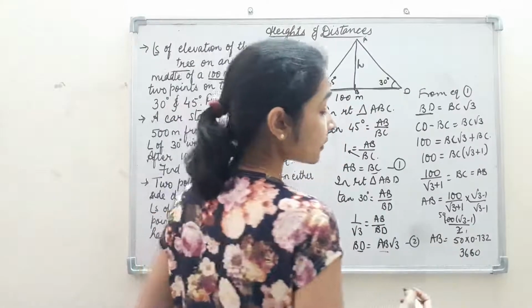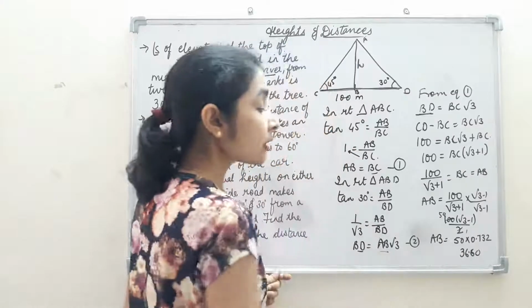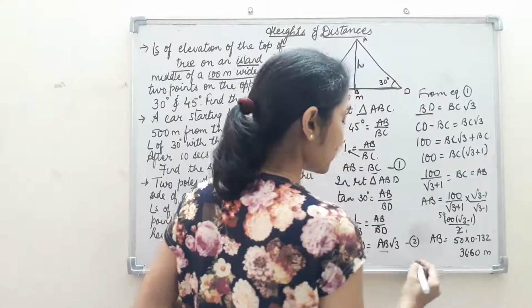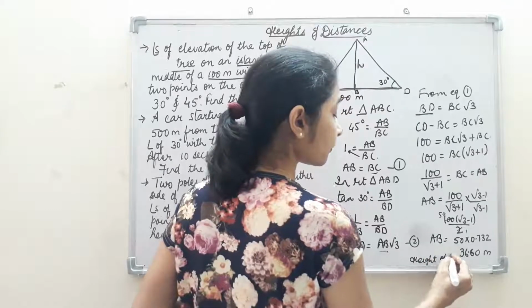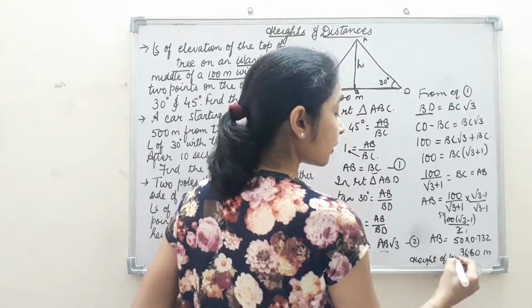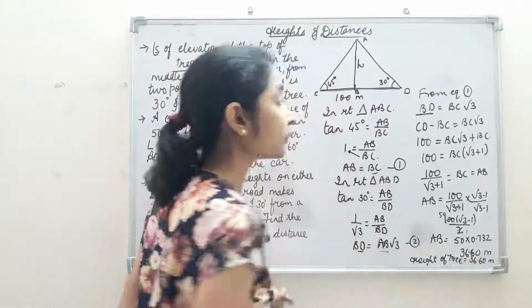Where will I place the decimal? The decimal will come here. So the height of the tree is 36.60 meters. So I'll just write here, height of the tree is equal to 36.60 meters.